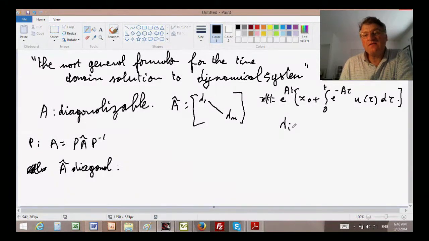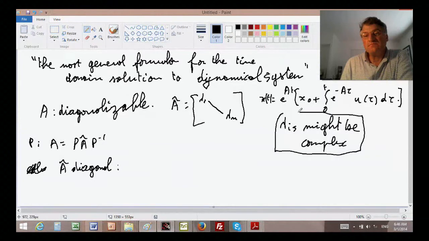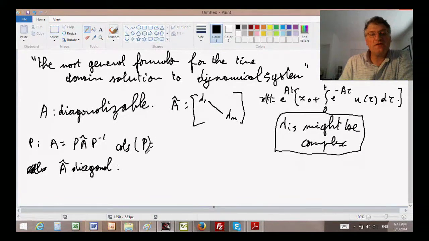Some of the lambda i's might be complex. Don't forget that. Then the columns of P are the eigenvectors that correspond to A tilde.